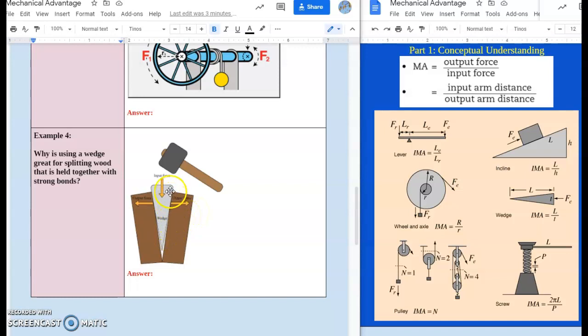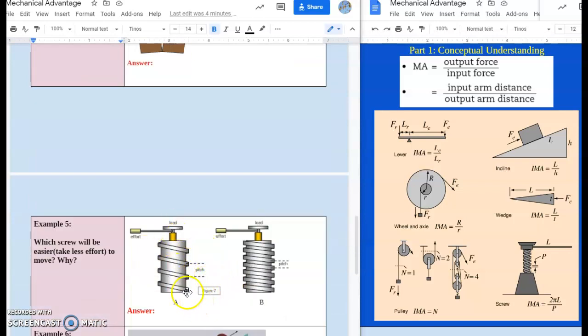Once again, you have to move all this distance down in return for the wood to move over by that much. By putting a force down and moving a great distance, say 10 centimeters, you would only split the wood maybe 2 centimeters. So why is it less effort? Remember the idea that nothing is free in energy. You exchange bigger distance for less effort with all simple machines.